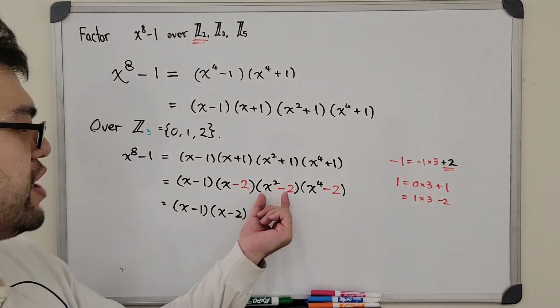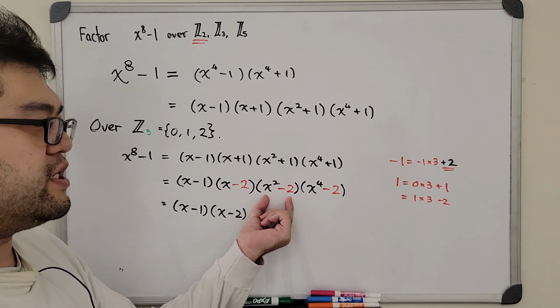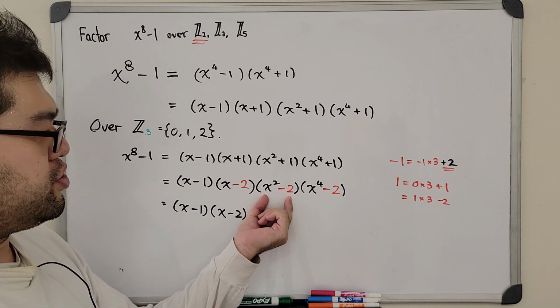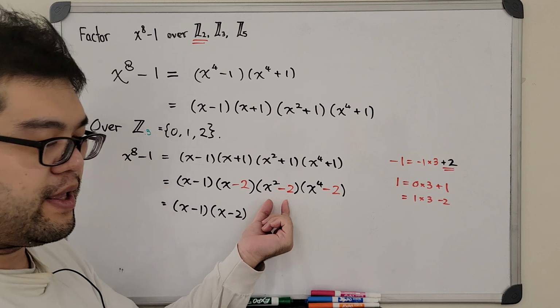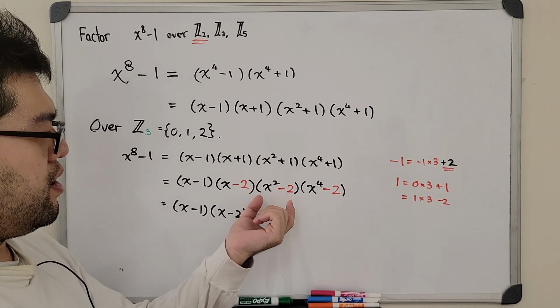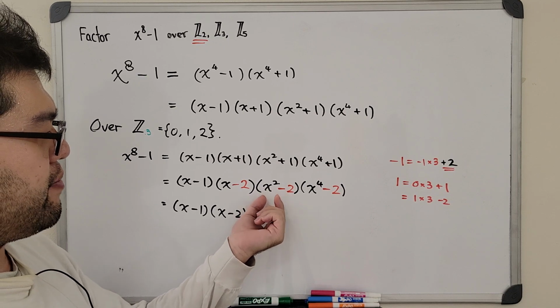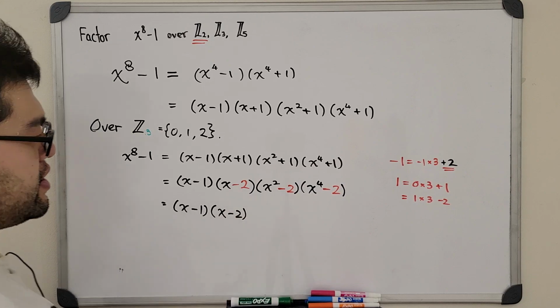Next, we have x squared minus 2. Suppose that it is factorable, meaning if we are assuming that it can be reduced into two smaller terms with a degree less than this.